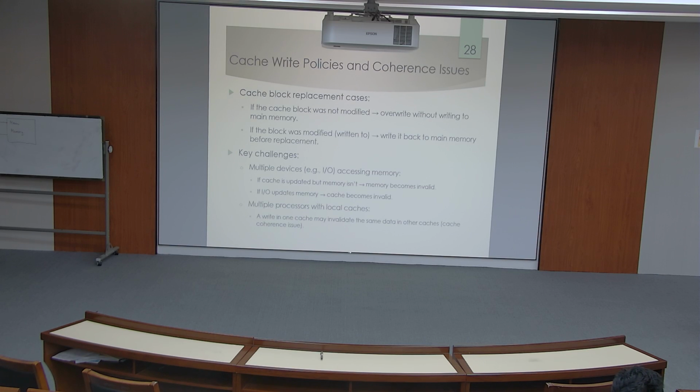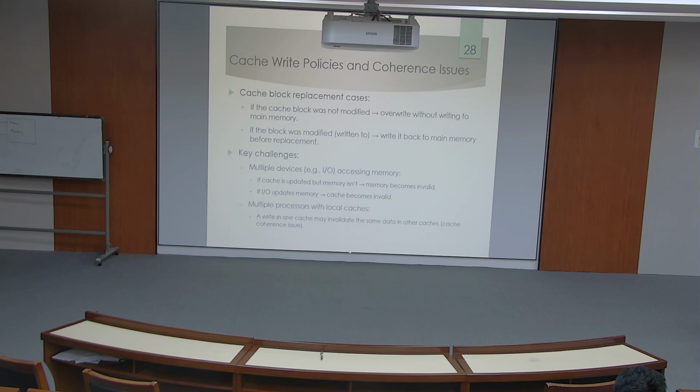For example, if we have multiple devices with access to the memory, and the cache is not updated but only the main memory is updated, that means we have a cache which becomes invalid.